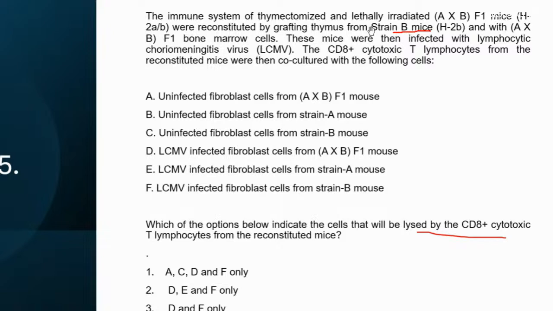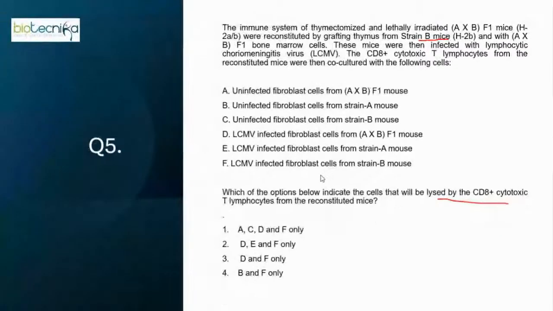At the same time, you will see that the CD8 T cells will not attack the uninfected cells regardless of your MHC type. All right. So therefore, in this case, the correct answer is option 3.